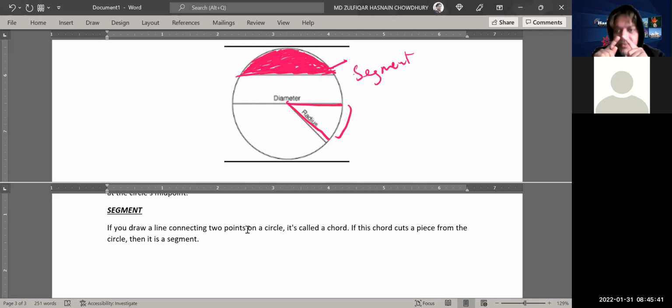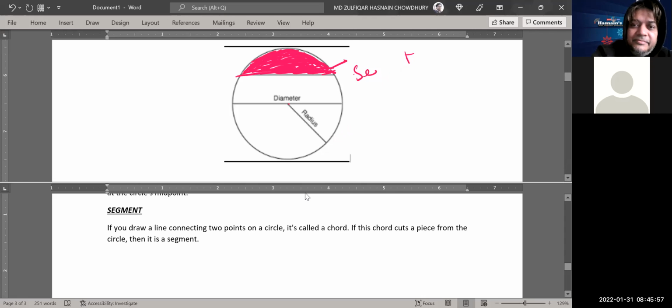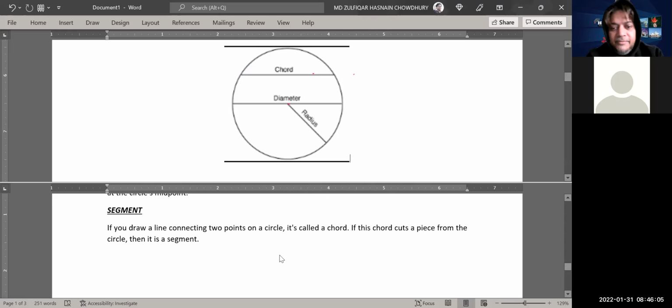And if 2 radii from the arc cut the circle, we call it a sector. Okay, how many items have you learned? 8. Okay, good.